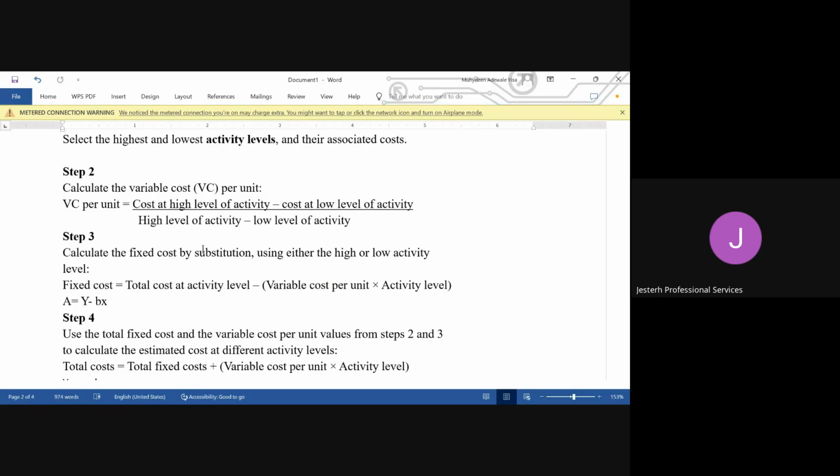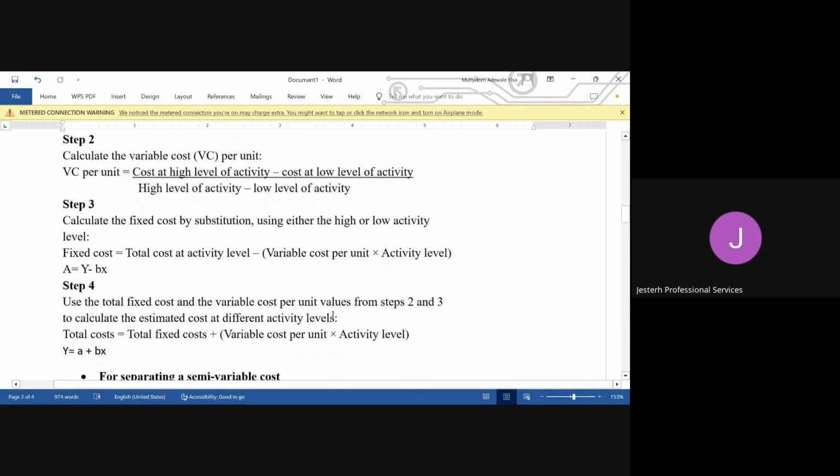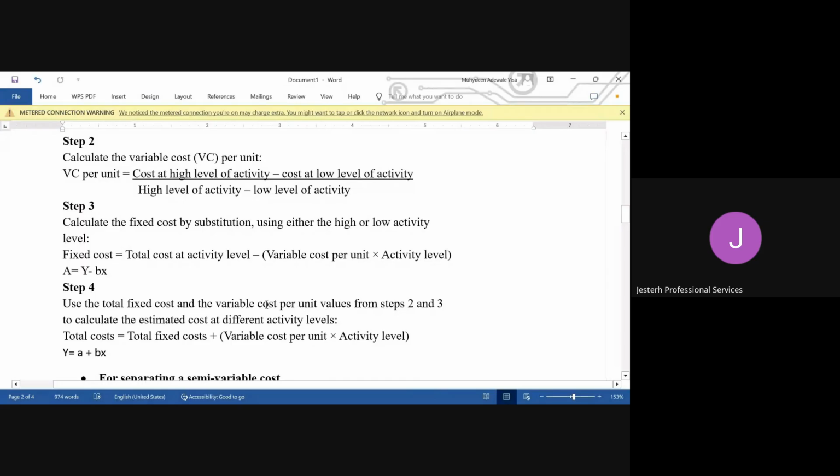We say fixed cost is equal to total costs at a level of activities. It can be either the lower total cost or the higher total cost. Either way, we can use it. We are still going to arrive at the same amount. When we are doing practical aspects, we understand them better.